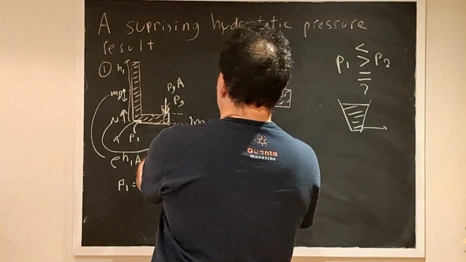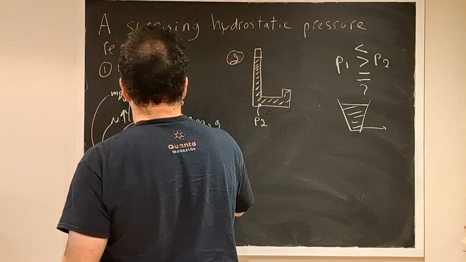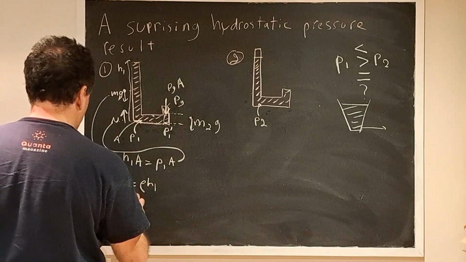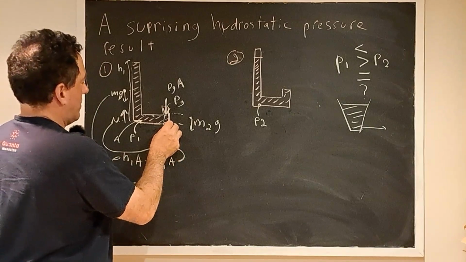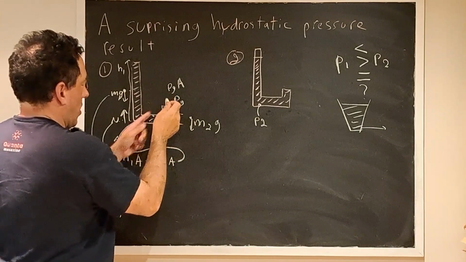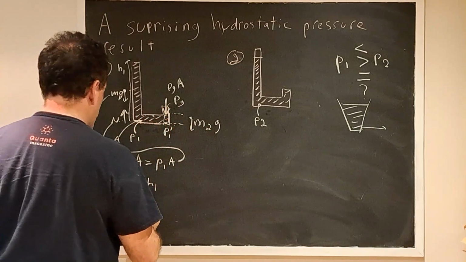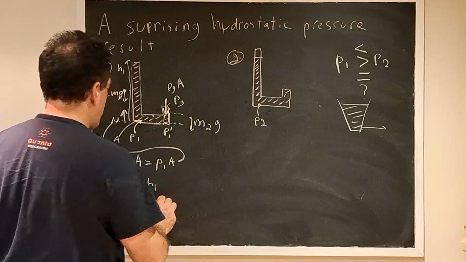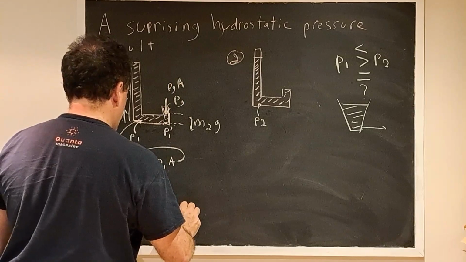So we can do the same type of calculations here, and we'd call this one P1 prime. P1 prime is equal to the force that will balance the total force due to this column of liquid and gas. By the same calculations we get rho h2, but plus a certain term given by the pressure of the gas.